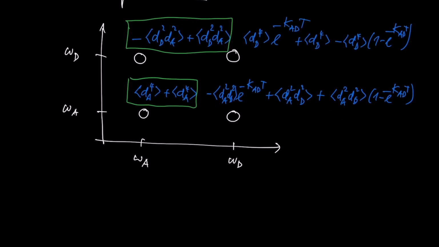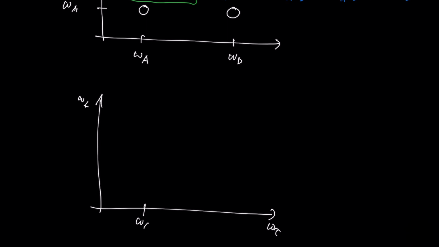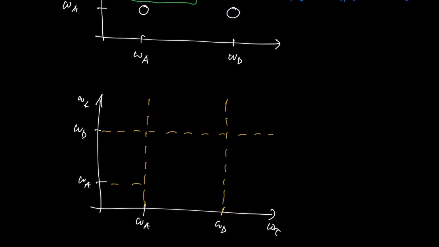So let's repeat the 2D spectrum again, and now finally write some simplified expressions. So this is omega tau, omega t, position omega a, omega d, omega a, omega d, and we definitely have a 0 at this crossing. So let's actually draw the lines showing where the signal should appear.